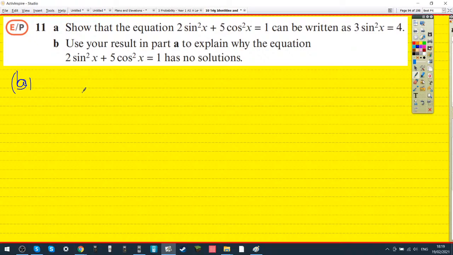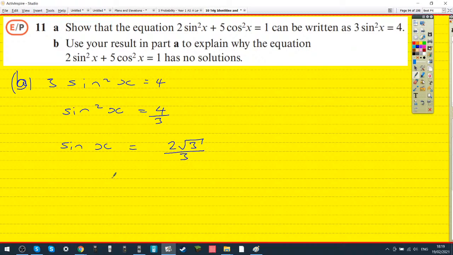Oh, so 3 sine squared x equals 4. It's the beginning. Then divide by 3 on both sides to get 4 over 3. Then get the root of 4 over 3, which is 2 root 3 over 3, plus or minus. Then, because sine is 180 minus... Well, you haven't got an x yet.